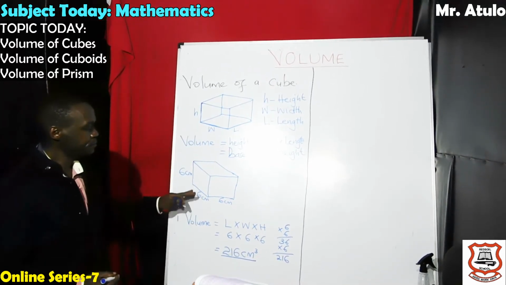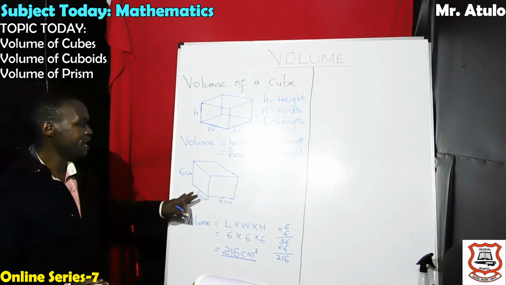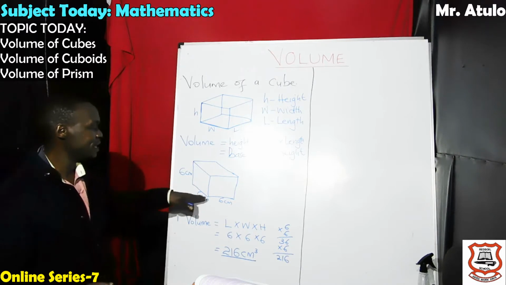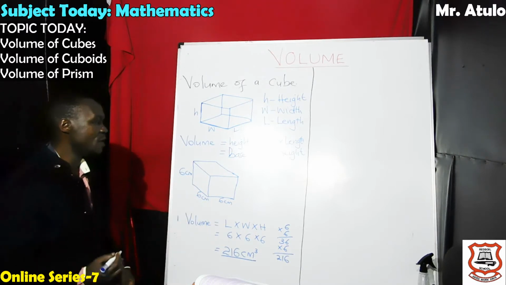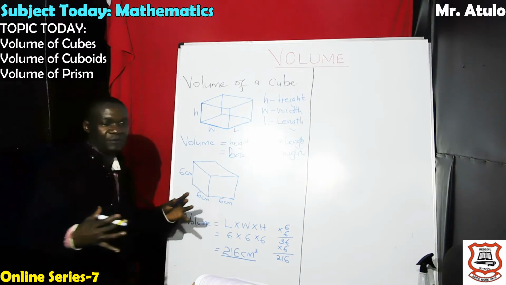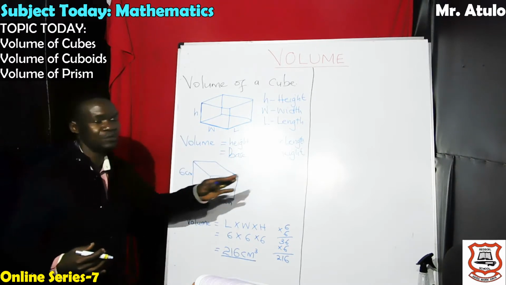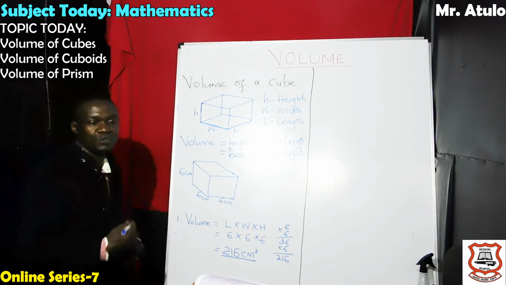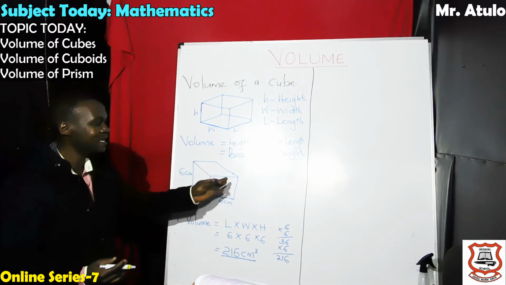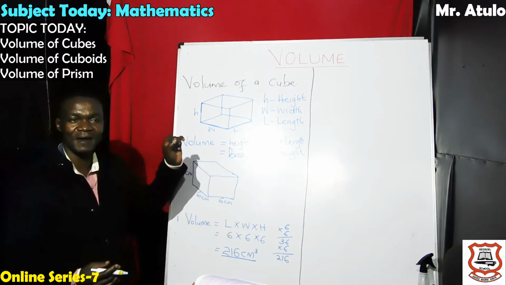Now, in KCPE, sometimes you are not given a sum like this with the units as we have indicated. Instead, you are given a block made up of several cubes, and then you're asked how many cubes are missing, or how many more cubes should be added, or how many cubes are contained in this block. You need to just count because all those cubes are of the same size.